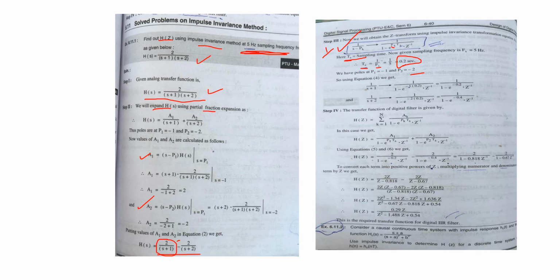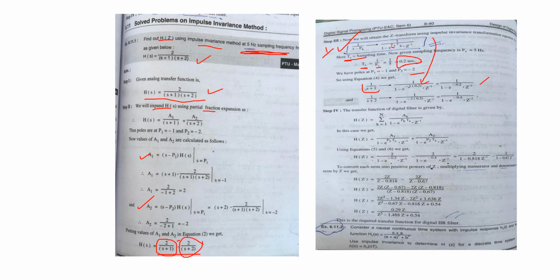1 upon (s plus 1) is equal to this according to the formula: 1 upon (1 minus e raised to power minus 1 times Ts, z inverse), where Ts calculated is 0.2. It becomes this. The second part, 2 upon (s plus 2), becomes 1 upon (1 minus e raised to power pk Ts z inverse).